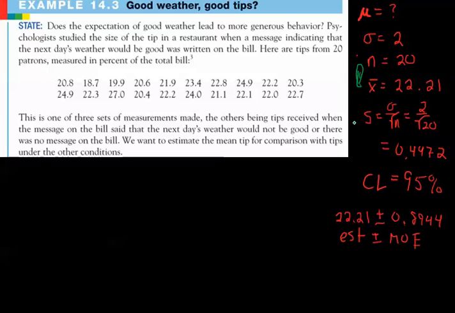Step 2 was to calculate the standard deviation. Step 3 was to identify the confidence level and use that information plus the standard deviation to do step 4 and identify our confidence interval.